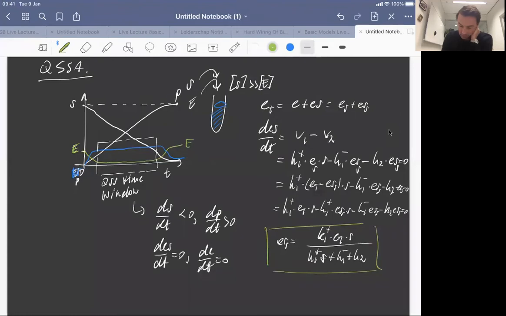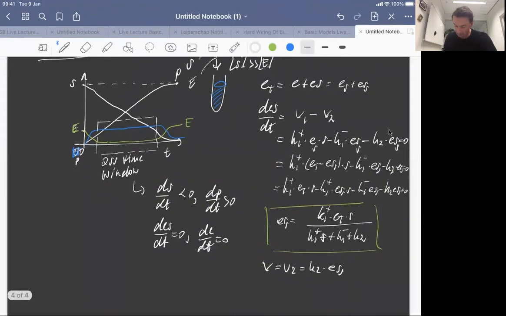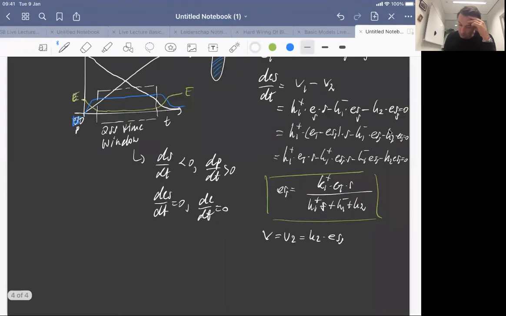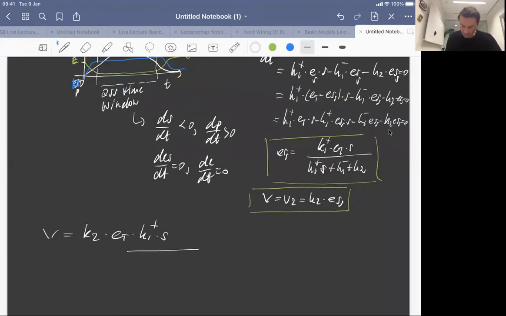I already identified earlier that the rate of the enzyme V equals K2 times ESS during the quasi-steady state period. So now I can exploit that relationship too. Now this leads to an expression of V that looks like this. So I have K2 times E total times K1 plus times S divided by K1 plus times S plus K1 minus plus K2.